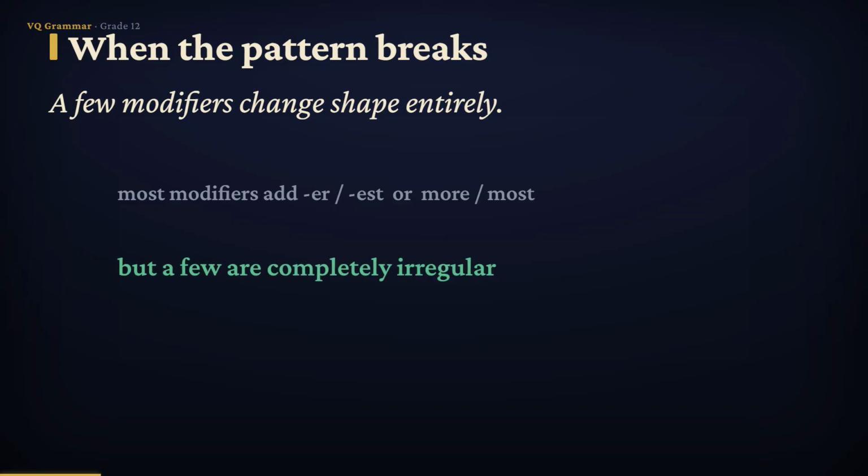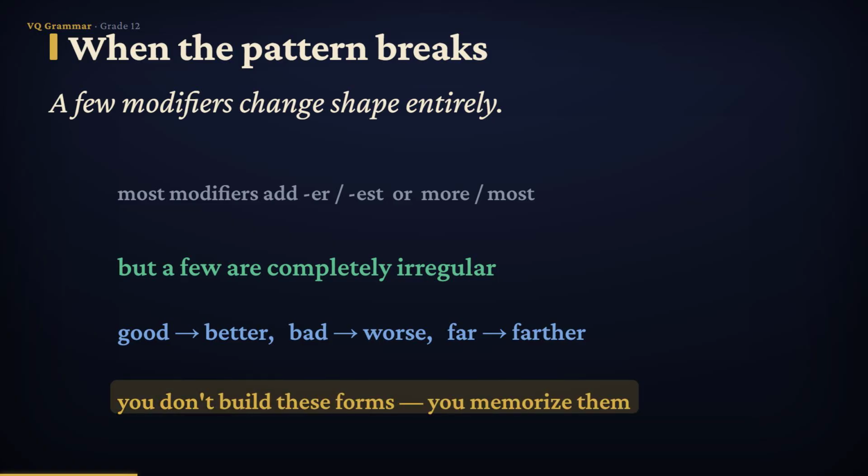But a few of the most common words in English are completely irregular. Good doesn't become gooder, it becomes better. Bad doesn't become badder, it becomes worse. Far becomes farther. There's no pattern hiding underneath. These forms come from older roots. So the skill today isn't building a form, it's remembering one.